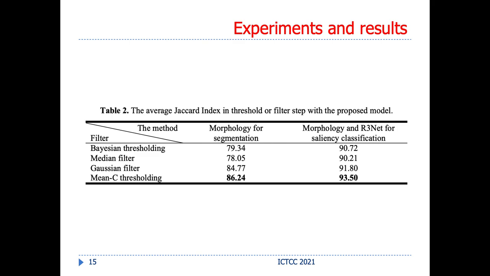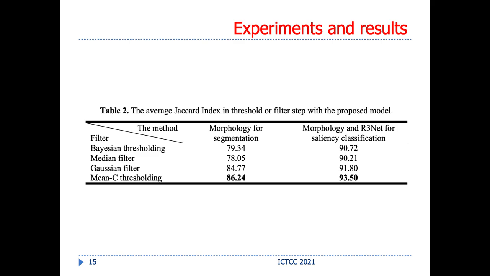The next table is the evaluation of the average success index in ratios of filter step with the proposed method. Table 2 presents the average success index. The second column is the morphology for segmentation.